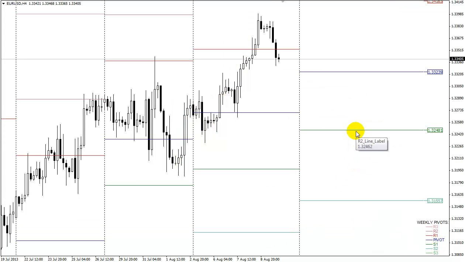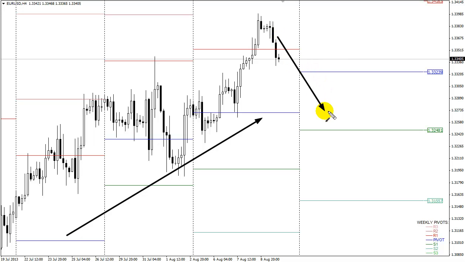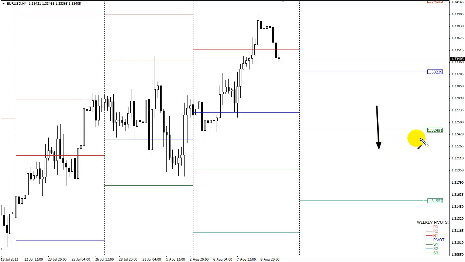All right, and we know that when the market is in an uptrend, usually the retracements are held by the weekly pivot support 1. So if the market breaks below the zone, below the weekly pivot support 1, it will signal some power for the bears, and it will not be a good sign for the bulls.